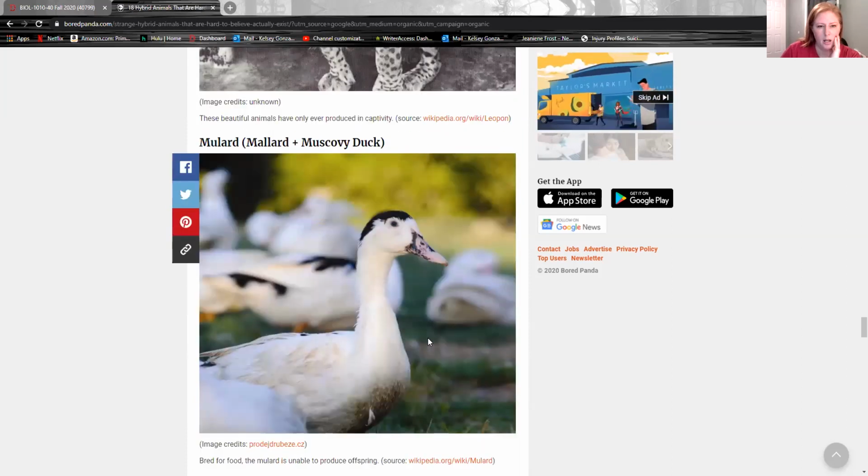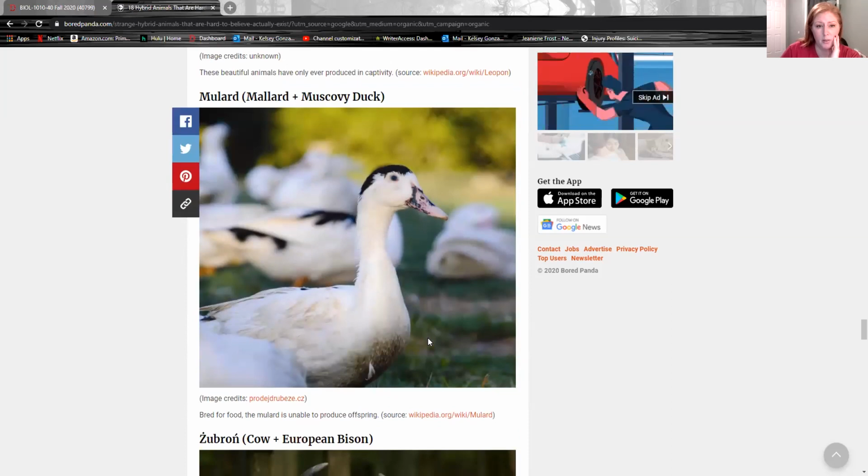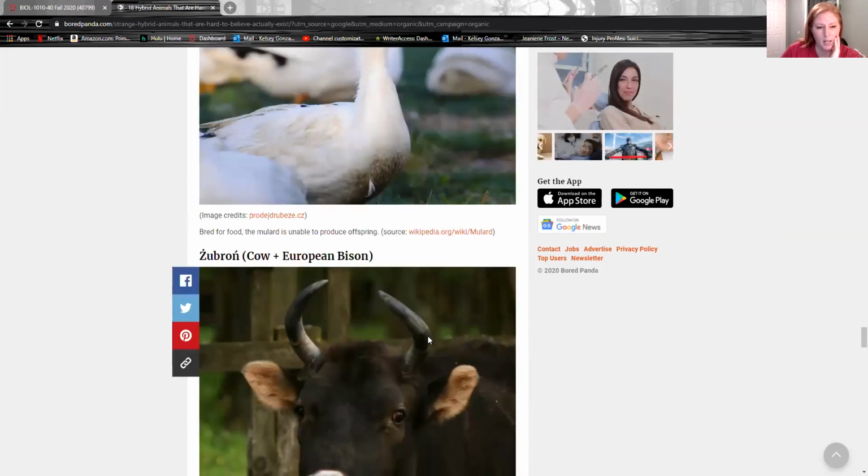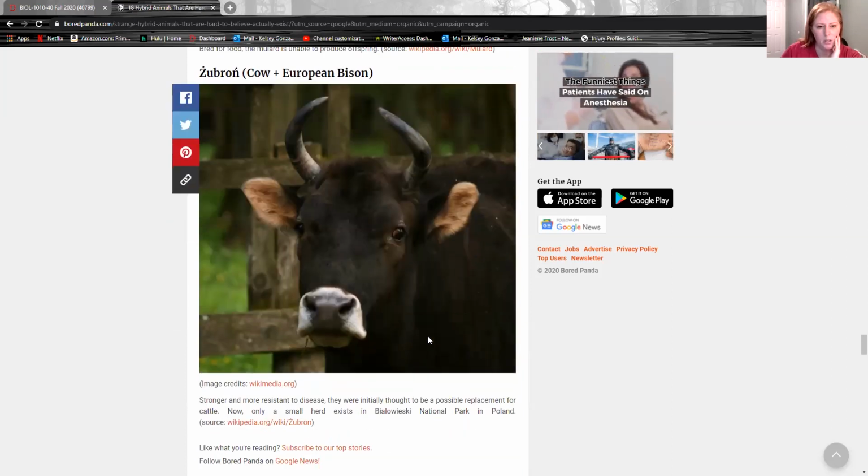A mallard and a muscovy duck. I actually don't know much about the muscovy duck, or is it Muscovy? See, look, I'm even saying it how I feel like saying it because I don't know what it is. It's probably not muscovy because there's no O at the end. Feel free to look it up. Zubron, a cow mixed with the European bison.